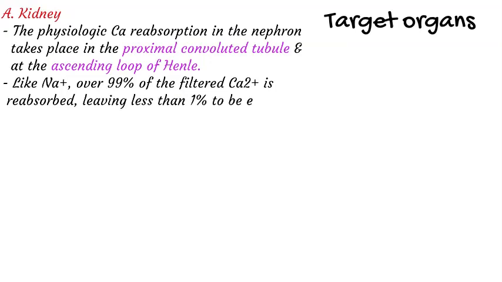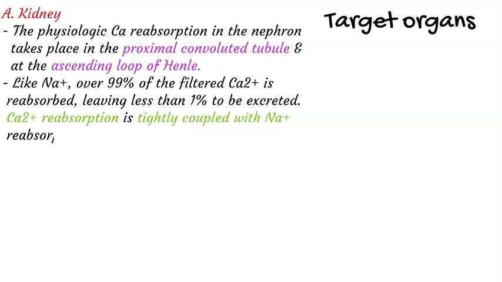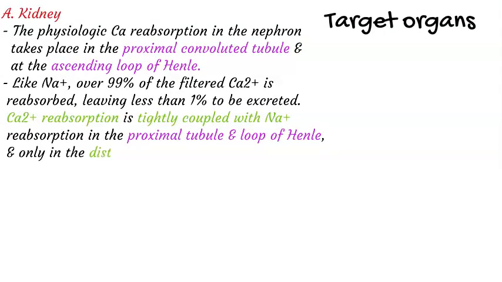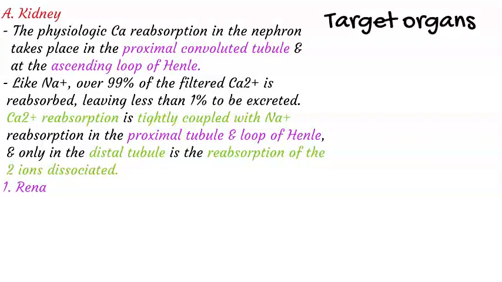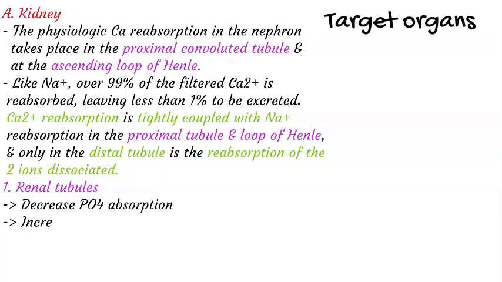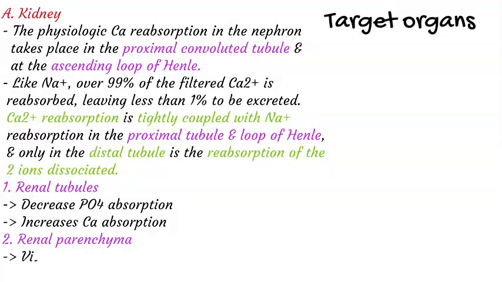Like sodium, over 99% of the filtered calcium is reabsorbed, leaving less than 1% to be excreted. Calcium reabsorption is tightly coupled with sodium reabsorption in the proximal tubule and loop of Henle, and only in the distal tubule are the reabsorption of the two ions dissociated.